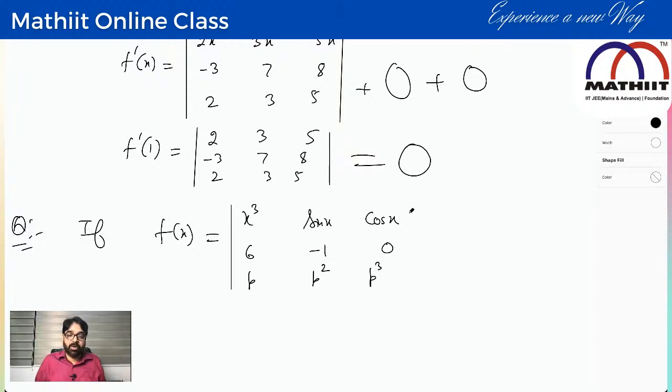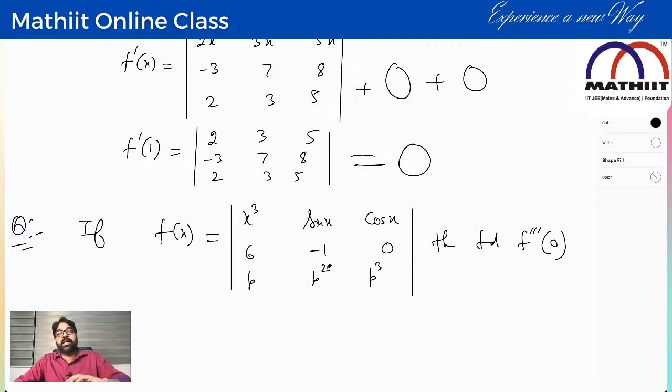They mention p is constant, be clear. Then find f triple dash 0. What does f triple dash mean? It means you have to differentiate 3 times and then put x equal to 0.